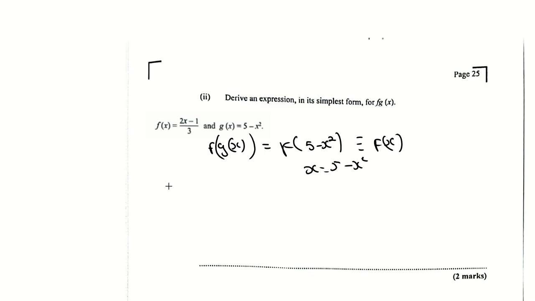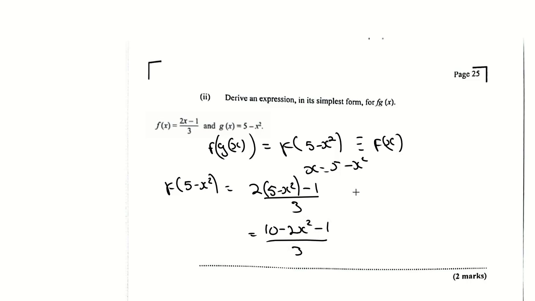So that means f of 5 minus x squared would be equal to 2 by 5 minus x squared minus 1 all over 3, which is 10 minus 2x squared minus 1 all over 3, which is equal to minus 2x squared, 10 minus 1 is 9. So plus 9 all over 3.